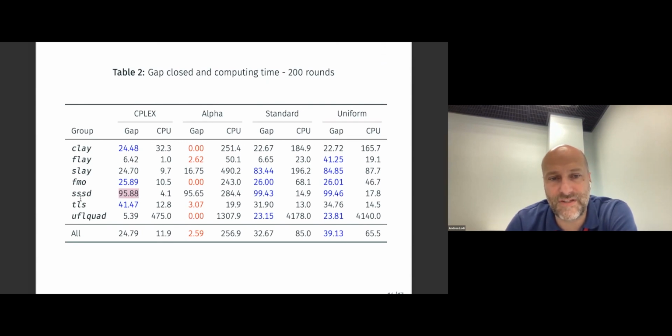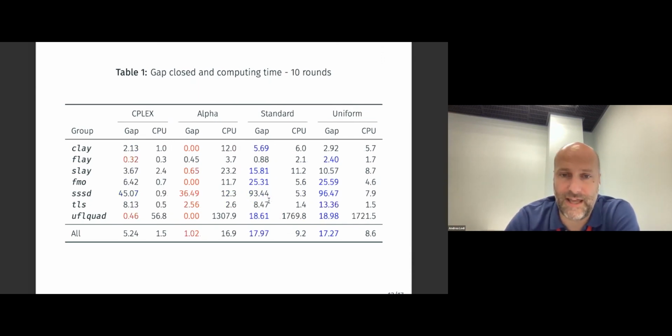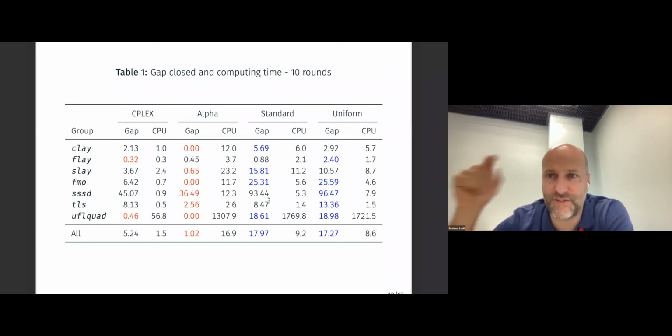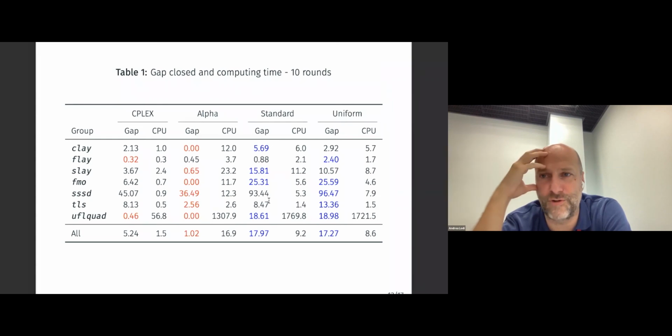The good news for this SSD is that sometimes the cuts are very effective pretty quickly, which potentially means that the way in which they are separated makes a difference. But I'm expecting that over time, what is done in Cplex will lead to the same results. So I think it's a good idea to also look at what happens in the 200 iterations or rounds, or many more. It's a good question.